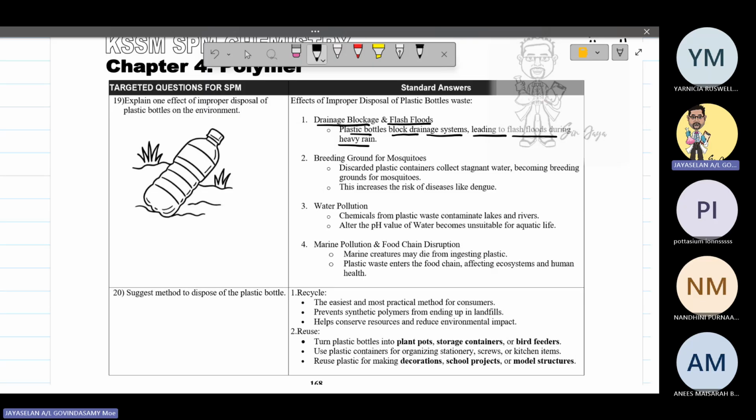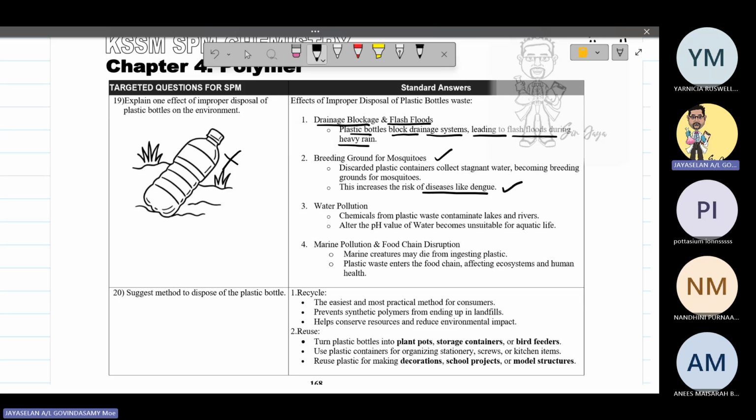Next one, the synthetic tire waste also becomes a breeding ground for mosquitoes and can spread diseases like dengue. You already score your 2nd mark. And water pollution. Say in your exam they show the rubber waste. Same answer.